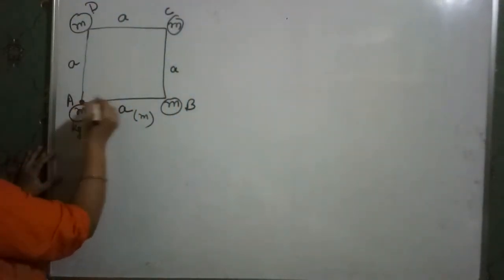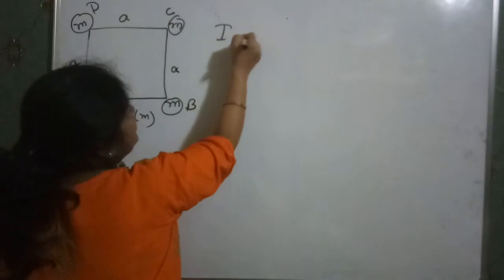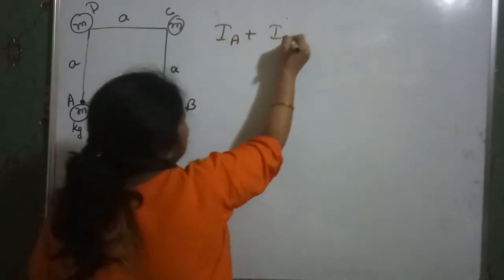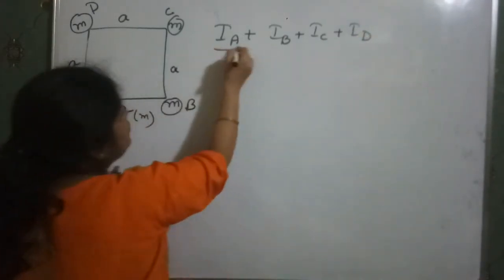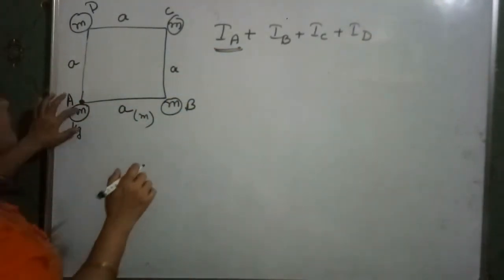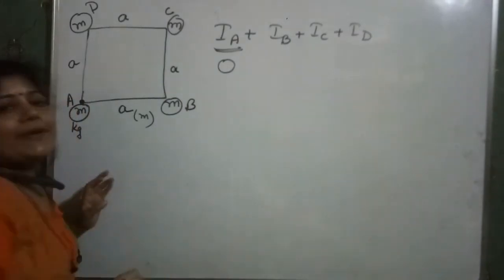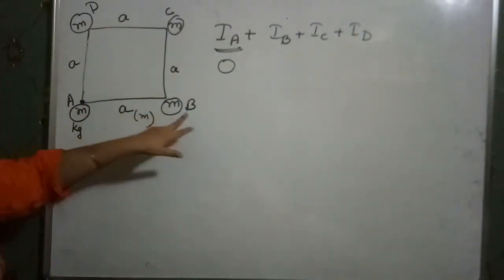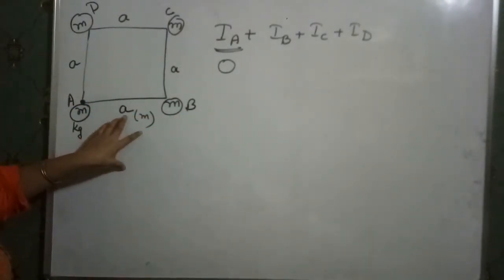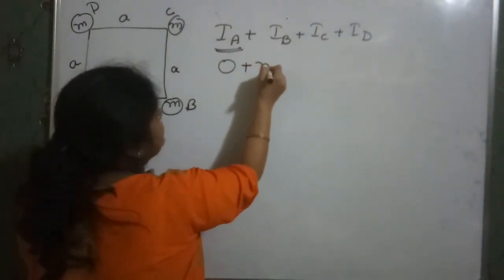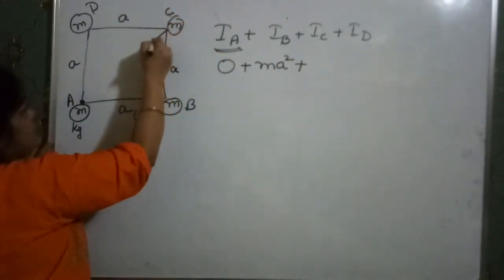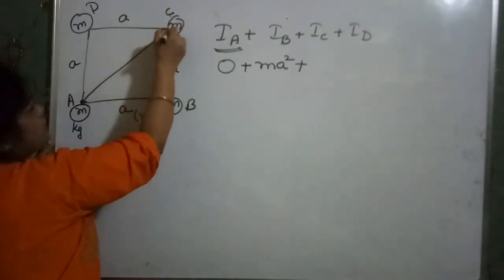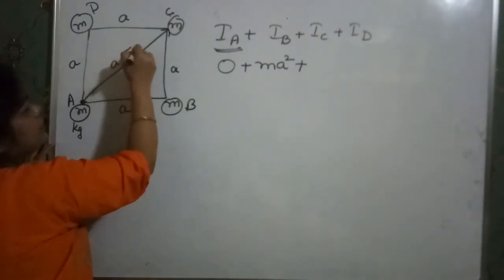For the point A, the total moment of inertia is IA, IB, IC and ID. The value for A becomes 0 because the distance from the axis of rotation here is 0. Now for point B, the distance from the axis of rotation is a. So we have Ma squared. Now for C, the distance from the axis of rotation is what? a under root 2.